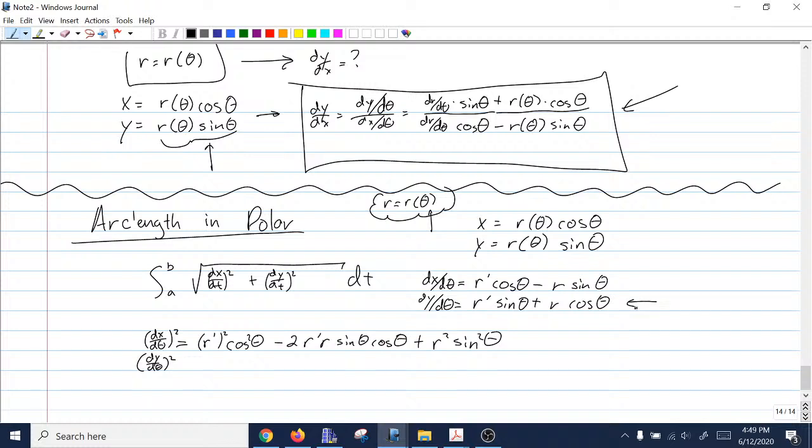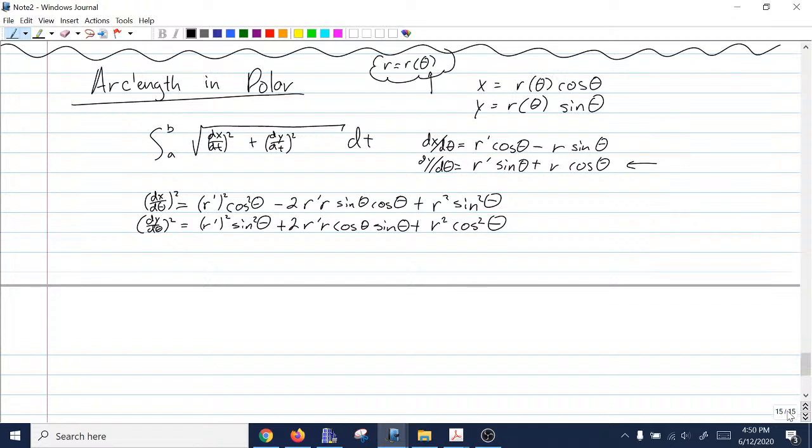I want to square this binomial. I get the first term squared. Double the cross term is plus 2 r prime r cosine theta sine theta, plus the second thing squared, r squared cosine squared theta. If I add these together, hey, here's our first miracle. Those things cancel.